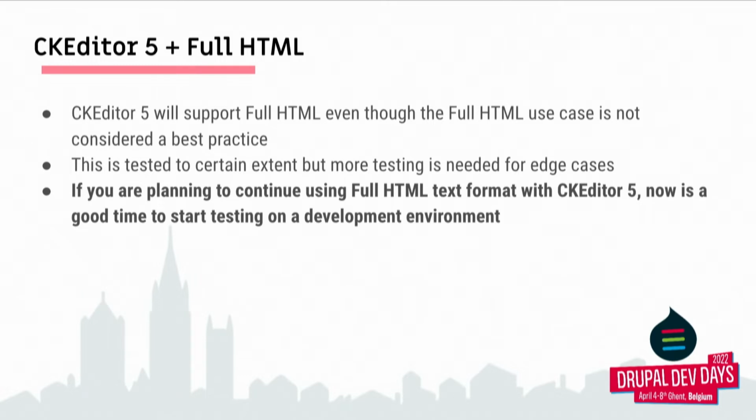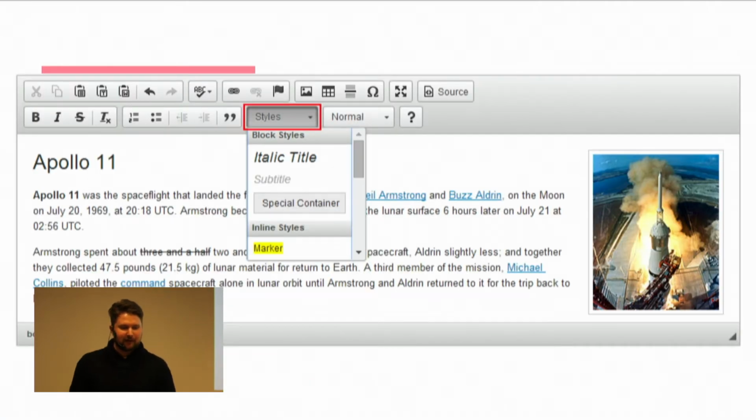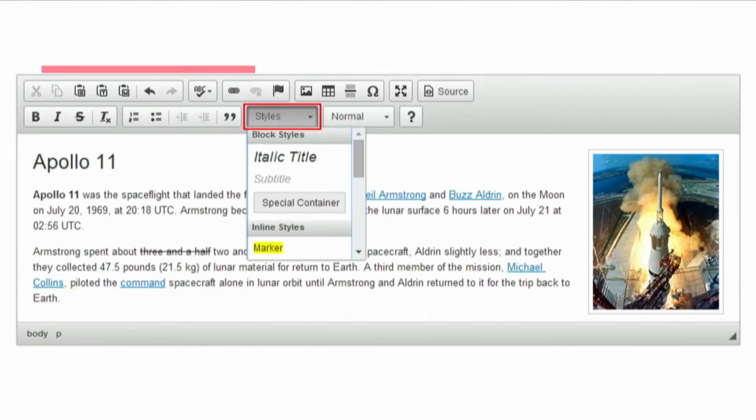And for that reason, in particular, if you are using full HTML with CKEditor 5, we encourage you to do testing on this early, potentially on site here or at home, and provide us with feedback on how your experience was when testing with the full HTML text format with CKEditor 5. I'm going to explain later what the changes are that make it very difficult for us to support full HTML. But yeah, let's basically jump into that next.